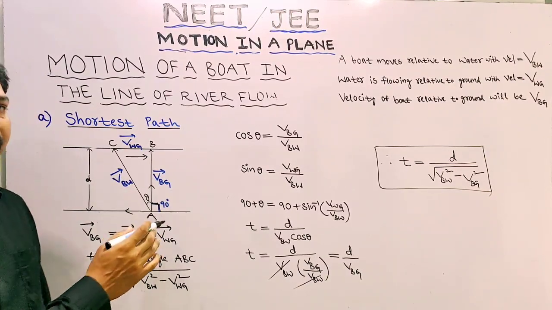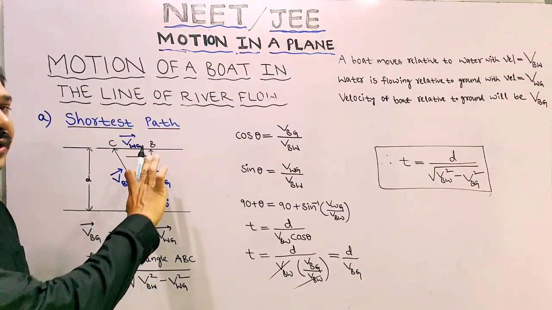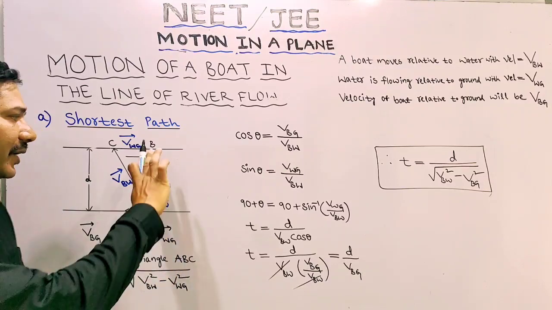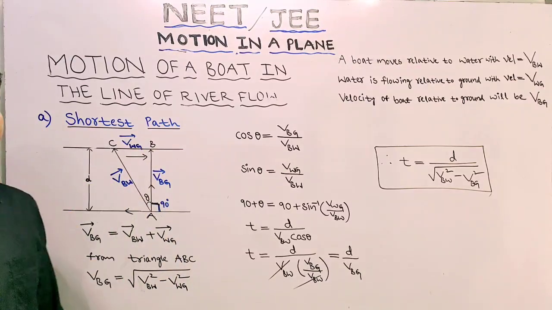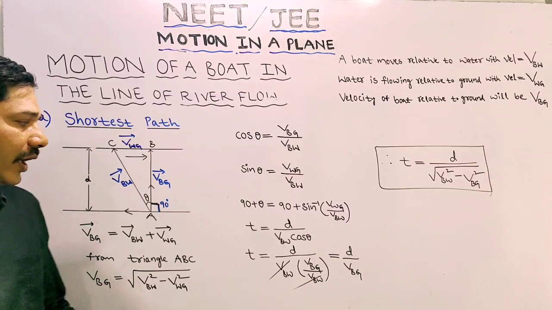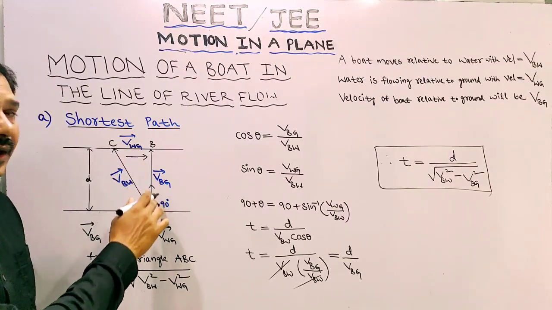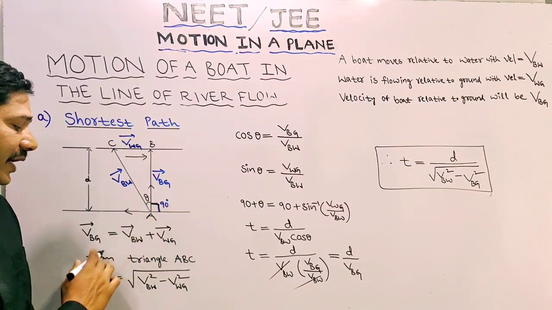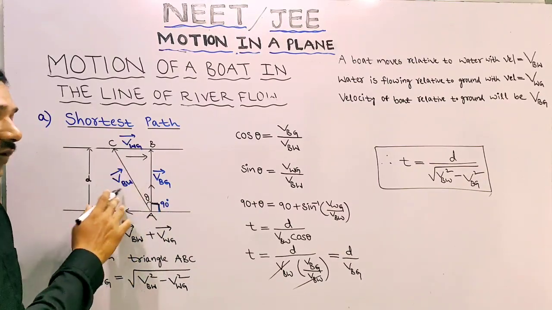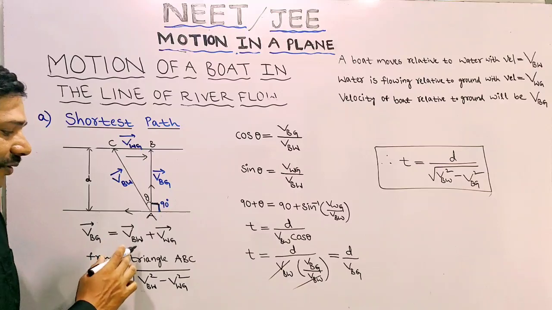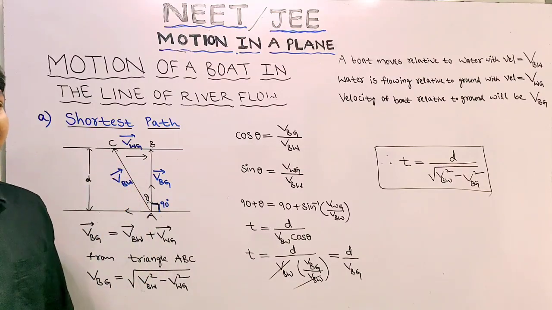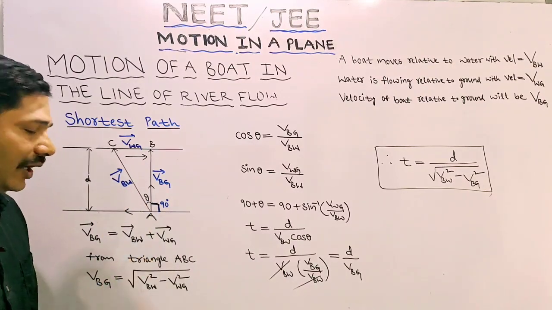Observe here, the width of the bank is d. The resultant VBG equals the boat velocity with respect to the water plus the water velocity with respect to the ground.